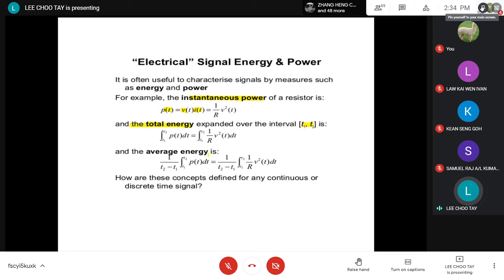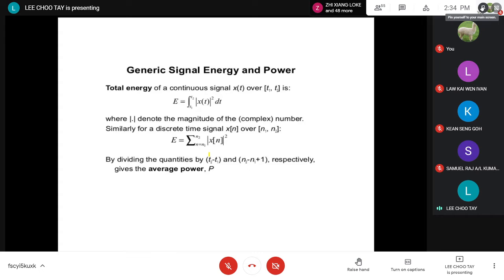Okay, so how do we apply this concept on continuous and discrete time signals? As far as the continuous signal is concerned, for total energy, we take the amplitude of the signal, we square it, and then we integrate it over the time that we're interested in.